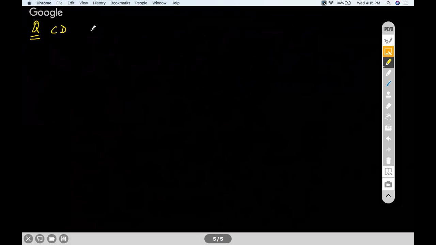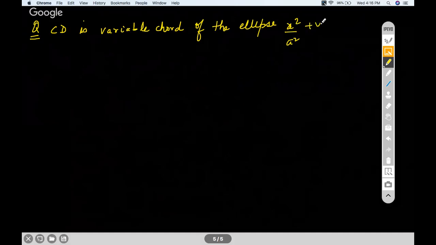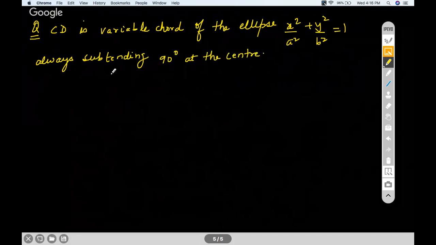CD is a variable chord of the ellipse x²/a² + y²/b² = 1, always subtending 90 degrees at the center.